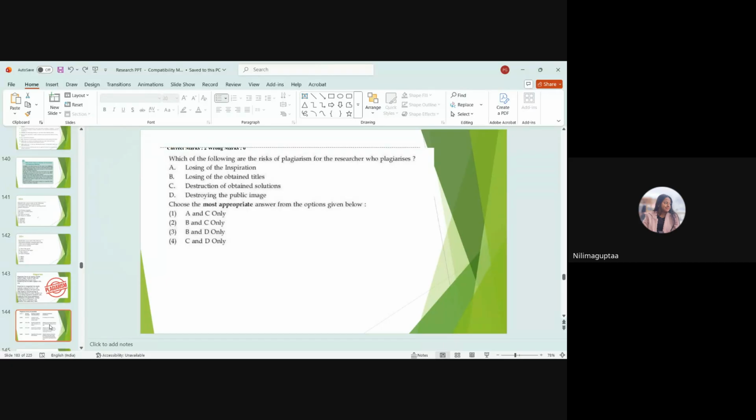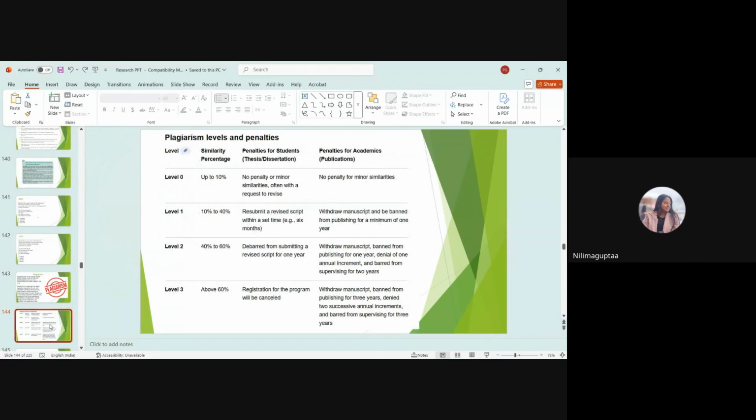Okay, so this is the penalties that we were talking about yesterday. If you see here, we are losing the titles. Withdrawing manuscript. The whole manuscript has been withdrawn. In that case, whatever solution you provide in that research is of no use now.